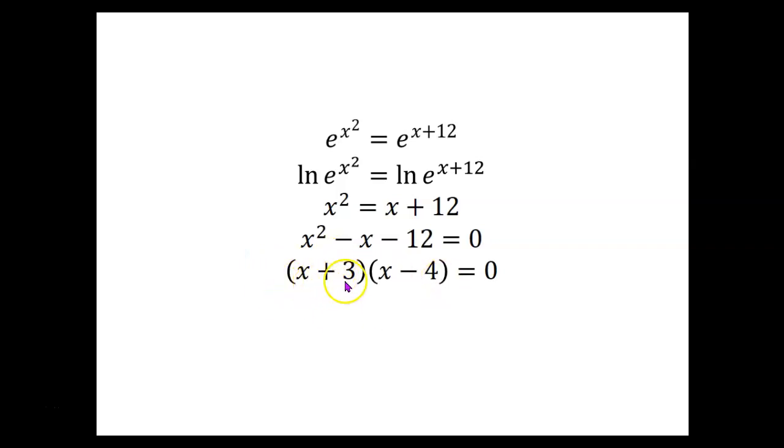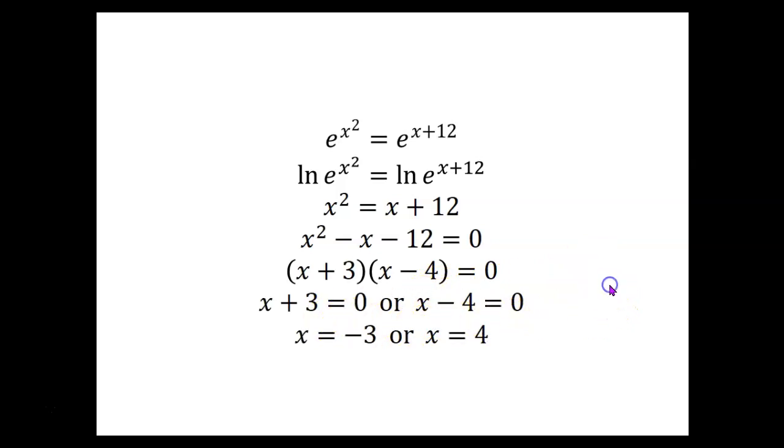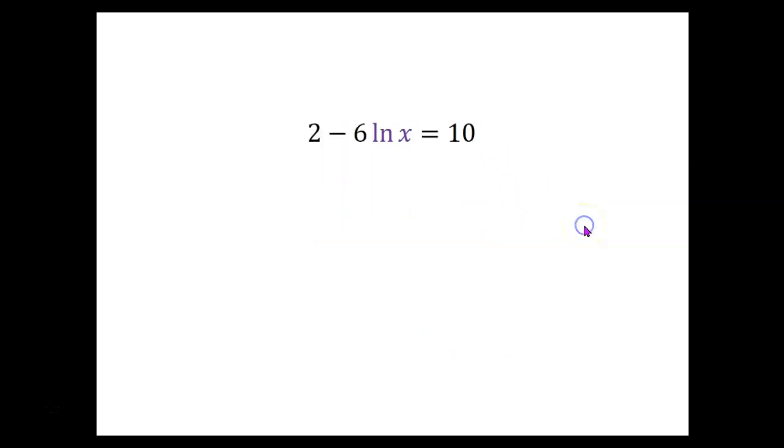This factors into x plus 3 times x minus 4 equals 0. So that means x plus 3 equals 0 or x minus 4 equals 0, which means x equals negative 3 or x equals 4. So those are the two solutions. If x is negative 3, we get e to the 9 equals e to the 9. That's true. If x is 4, we get e to the 16 equals e to the 16, and that's true.